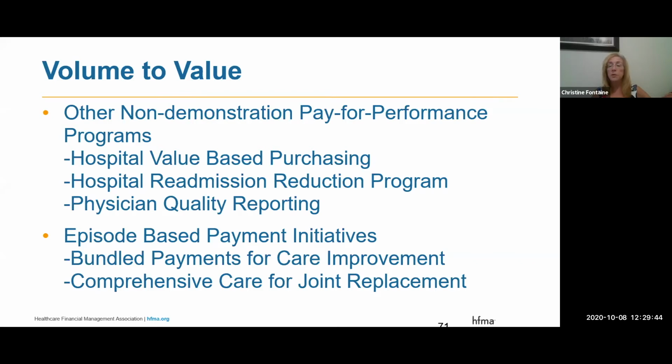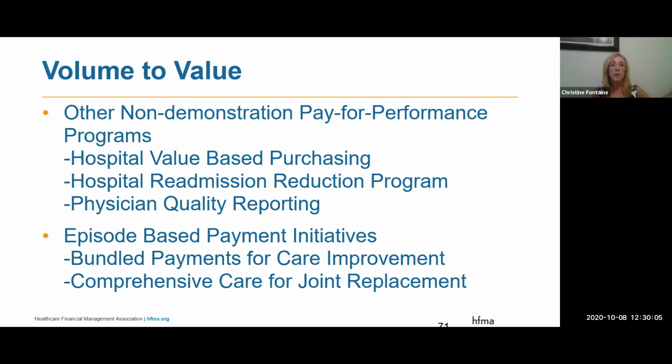HRRC reduces payments to hospitals with excessively high rates of avoidable readmissions for patients experiencing certain conditions. This is to encourage proper treatment during the stay and post-treatment services in an appropriate care setting for follow-up care.